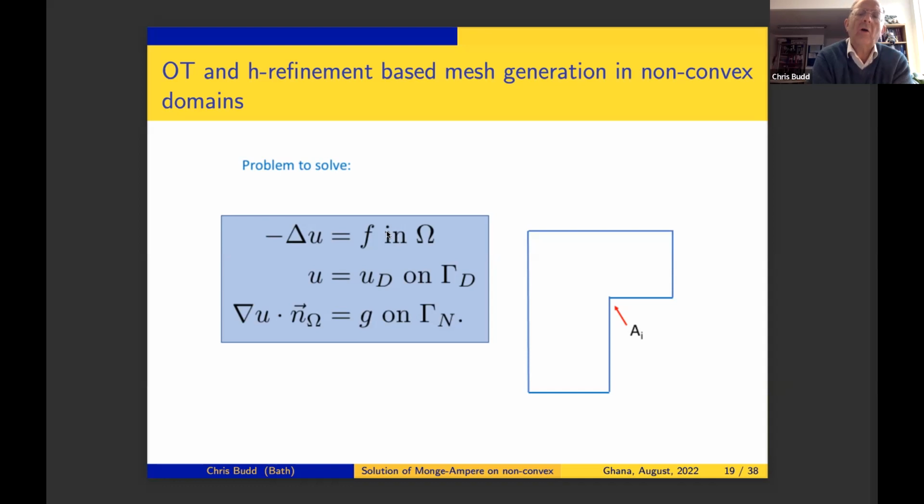And we'll have a non-convex domain. The one I've drawn is what we call the L-shaped domain, but you can have a number of different types of non-convex domain, with a re-entrant corner, which I'll label A_i for whatever the corner might be. So that's what we're going to use as our test problem.